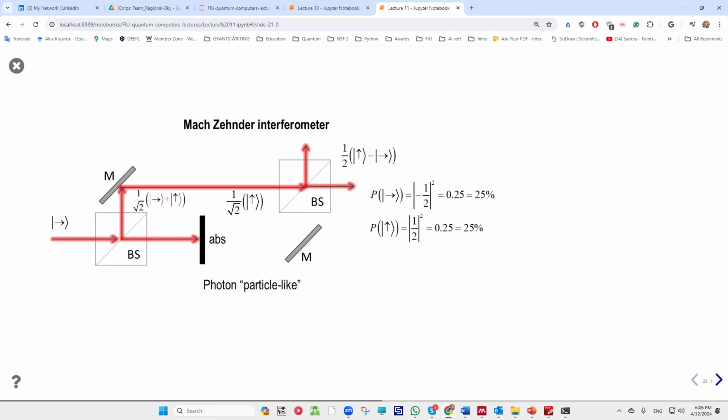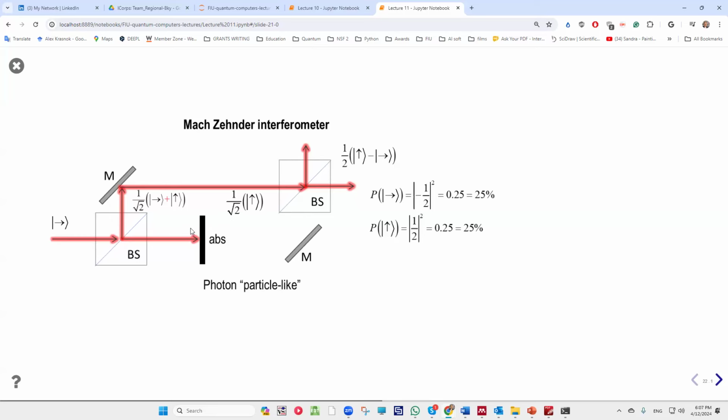So it will heat up this area on the absorber just a little bit. Anyway, this absorption means that we detect the photon there. Like if we initially had this horizontal photon, then the photon splits into two possibilities. And then if we put this detector here, it means that we observe the photon.